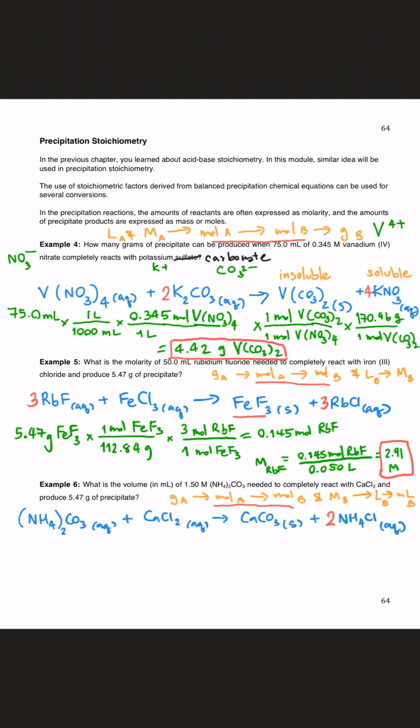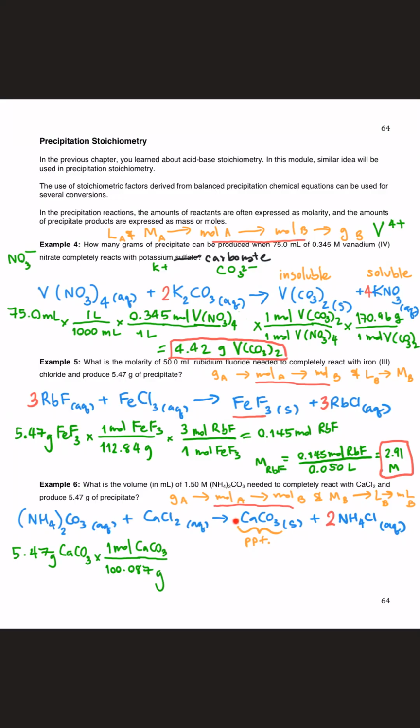For example 6, do the same thing as in example 4 and 5 by starting with writing a balanced chemical equation. You will see that the precipitate that forms in this reaction is calcium carbonate. This problem gives the grams of the precipitate, calcium carbonate, and asks to calculate the volume of ammonium carbonate. The first step is to start with the grams of the precipitate and convert this to mole by using the molar mass of calcium carbonate.